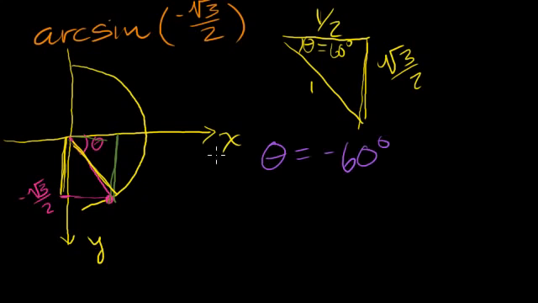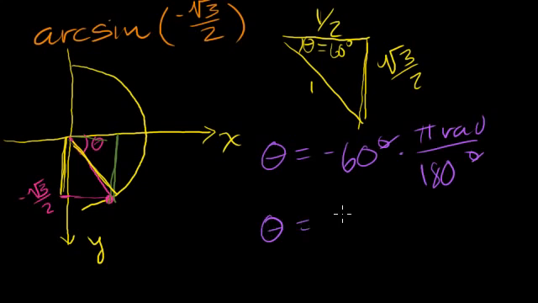But if we're dealing in radians, that's not good enough, so we can multiply that times pi radians for every 180 degrees. Degrees cancel out, and we're left with theta is equal to minus pi over 3 radians.